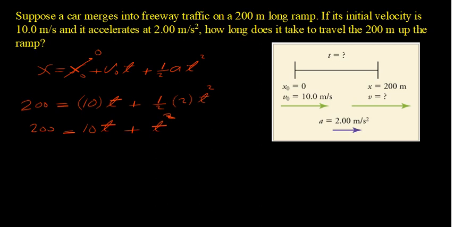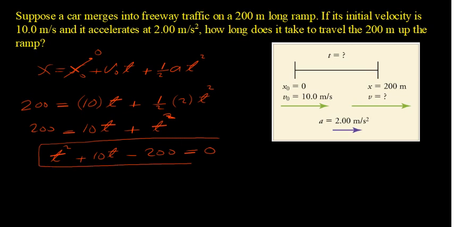I can rearrange my equation and it will be t squared plus 10t minus 200, and that will equal 0. From here, I need to find a way to solve this quadratic equation.